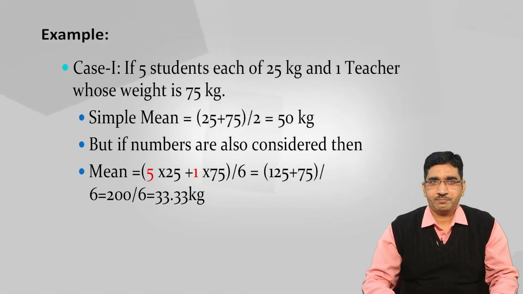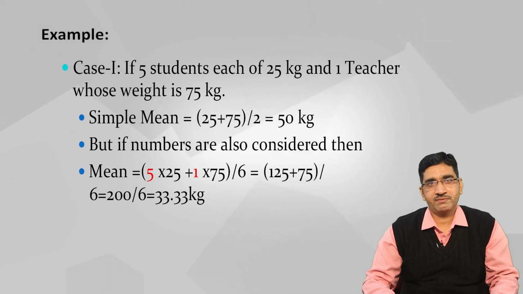So, let us start with one example. We take here case 1. If 5 students each of 25 kg and one teacher whose weight is 75 kg are given, the simple mean would be the average of these two weights, that is 50 kg.